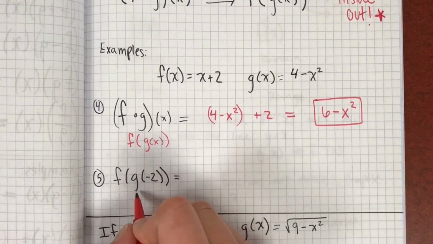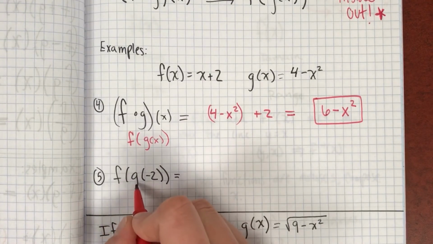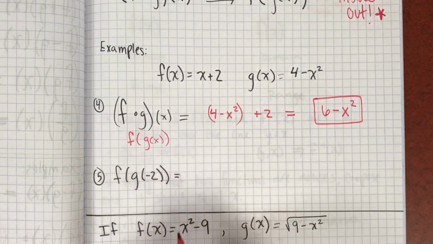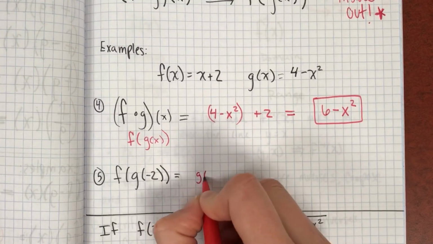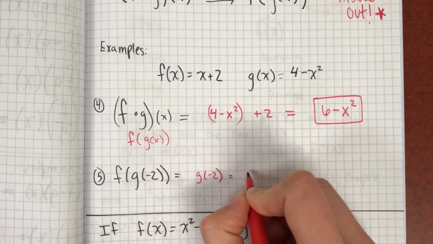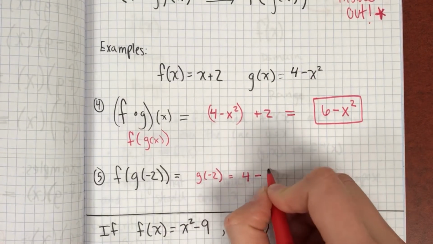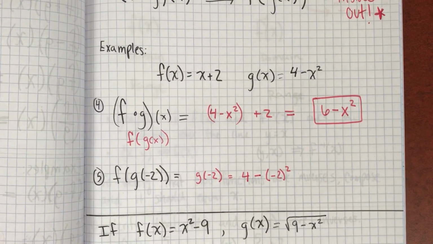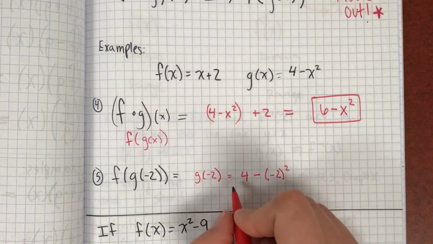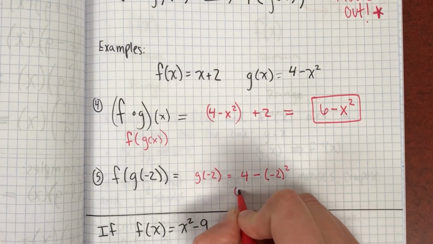So if I wanted f of g of negative 2, first I'm going to find g of negative 2. So that would be 4 minus negative 2 squared. Okay, and that is 0.